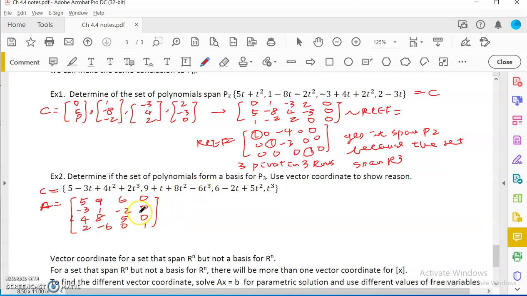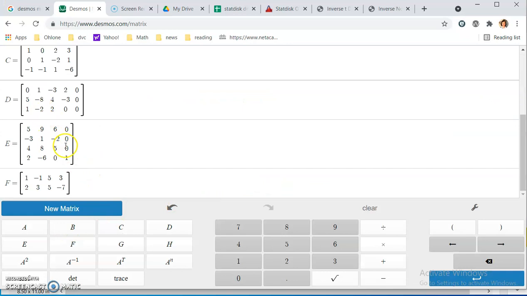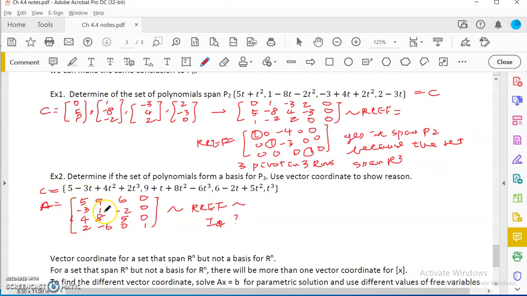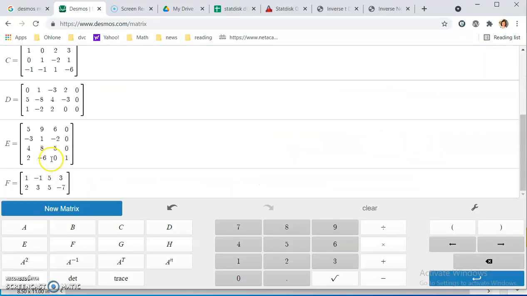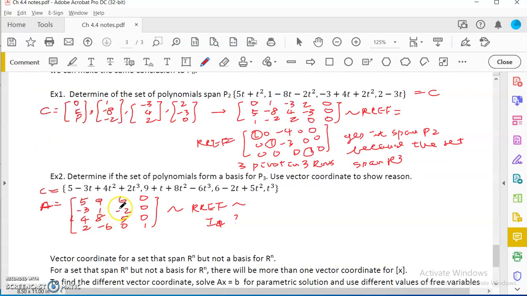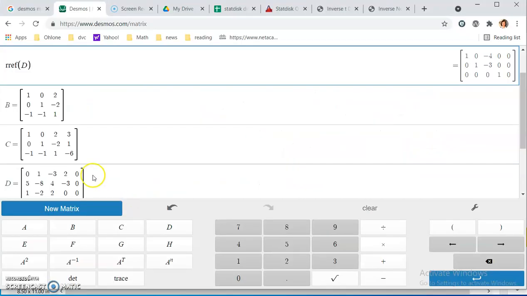So I want to know if it's a basis for P3, so I would do the RREF. And hopefully, if it becomes an identity matrix, I4, then it would be independent as well as span R4. And if it spans R4, it would span P3. Okay, so I think I have entered 5, 3, 4, 2, 9, 1, just double check. 9, 1, 8, negative 6, 6, negative 2, 5, 0, 0.